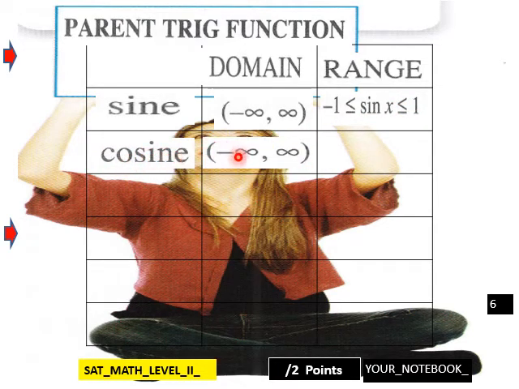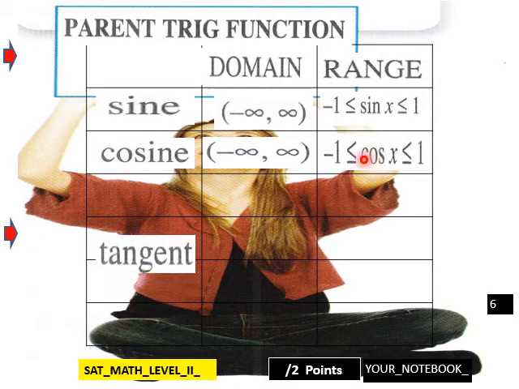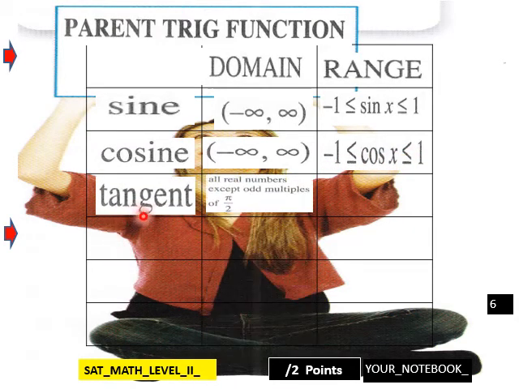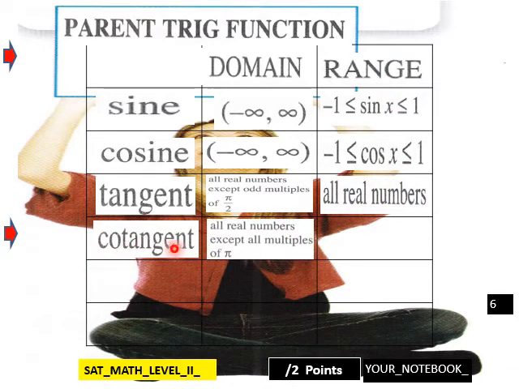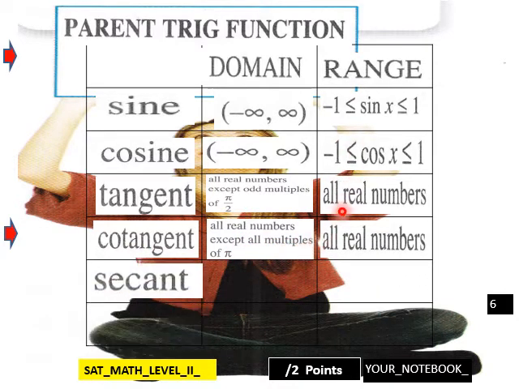Cosine has a domain of negative infinity to infinity, and a range of negative 1 less than or equal to cosine x less than or equal to 1. Tangent is all real numbers except odd multiples of pi over 2, and the range is all reals. Cotangent is all real numbers except multiples of pi, and the range is all real numbers.